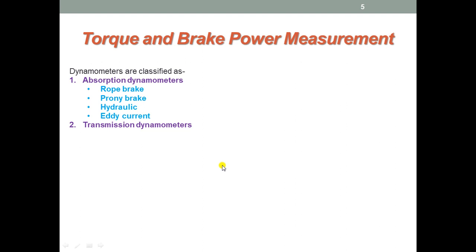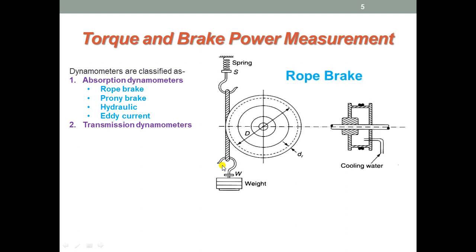Now we see the principle of absorption dynamometer with the help of a rope brake dynamometer. Figure shows the rope brake dynamometer. It consists of a rope wound around the rotating drum attached to the output shaft. One side of the rope is connected to a spring balance and the other side to a loading device.